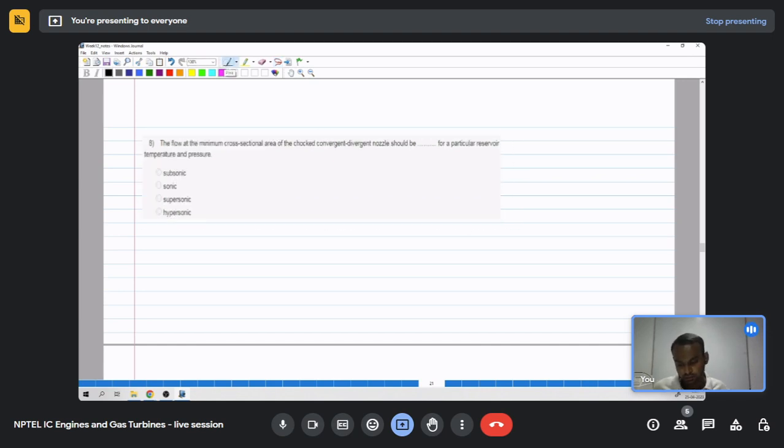The flow at the minimum cross-sectional area of the choked convergent divergent nozzle should be dash for a particular reservoir temperature and pressure: subsonic, sonic, supersonic, hypersonic.